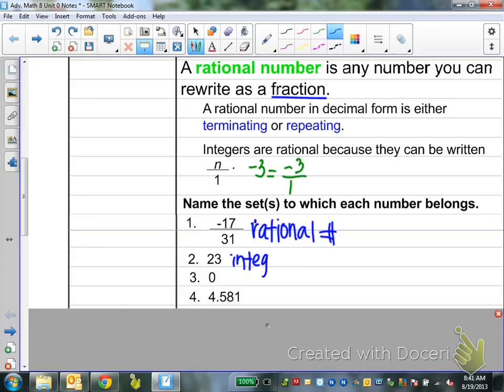The next set of numbers was whole numbers, and those are numbers without decimals that are 0 or bigger. Is 23 0 or bigger? Yes, so it's also a whole number. And it's bigger than 0, so it's also a natural number.